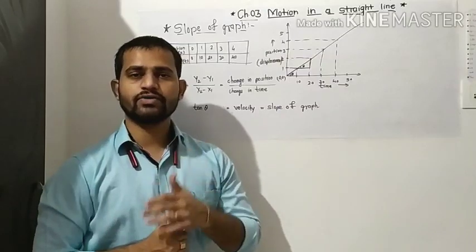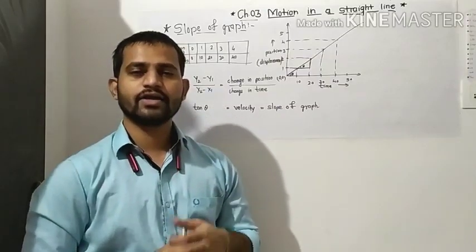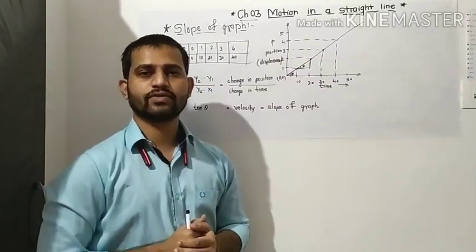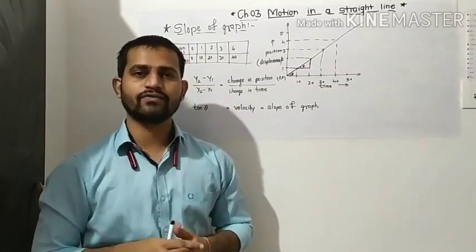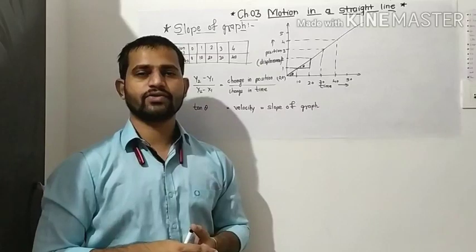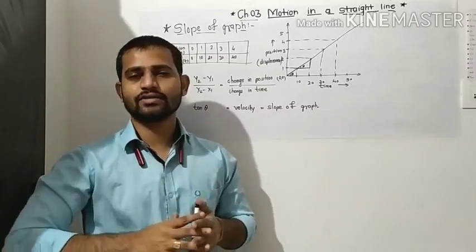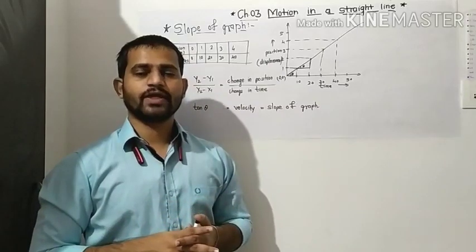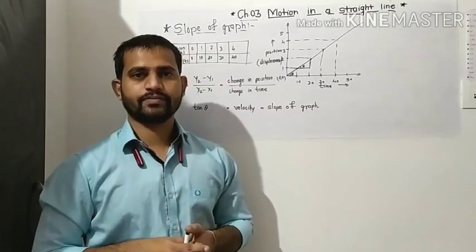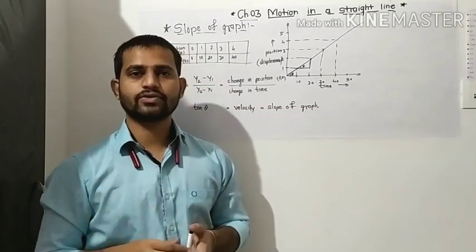So note down this third advantage of the graph, that if we know the relation between two physical quantities, and if we draw a graph of those two physical quantities, and take the slope of that graph, then we will get the third quantity.